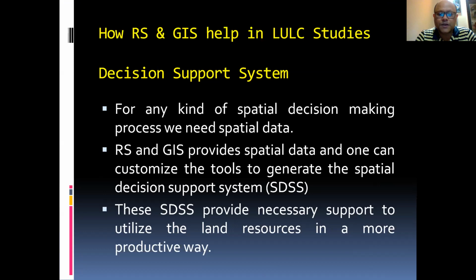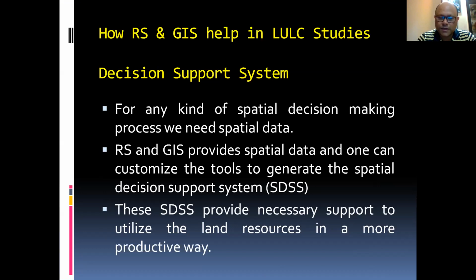With the help of these systems, we can generate different products, and from here we can take appropriate decisions in real world situations. It will help us get much more benefit from the land use land cover resources. That is why it is very essential.